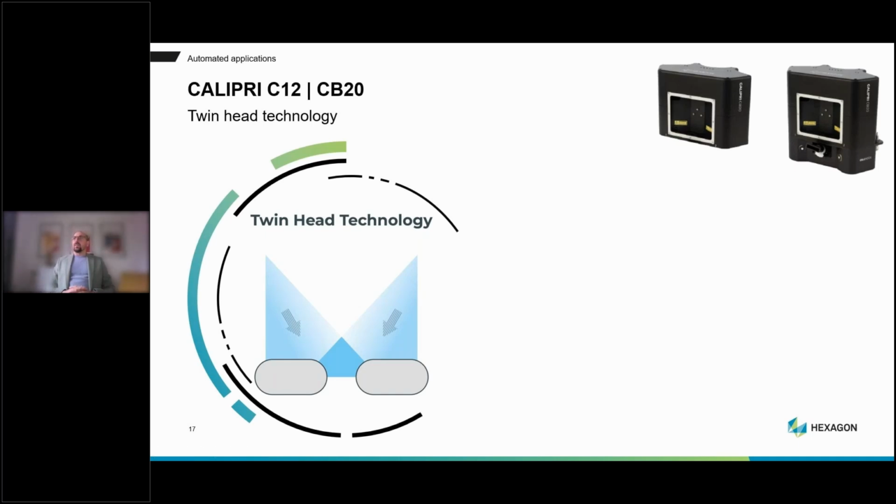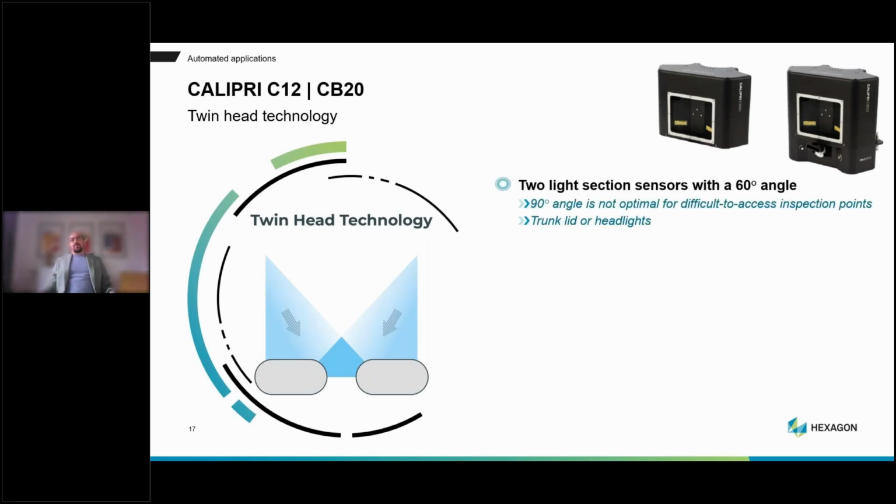So we have seen our manual gauges that are just rotated around the gap. In our automated applications, one of the main things we're trying to reach is a very short takt time. So we're trying to reach very fast measurement times. Hence, we have decided to create a twin head sensor.